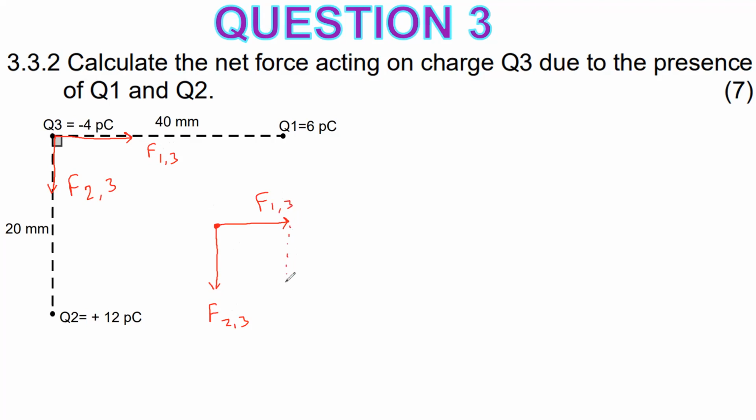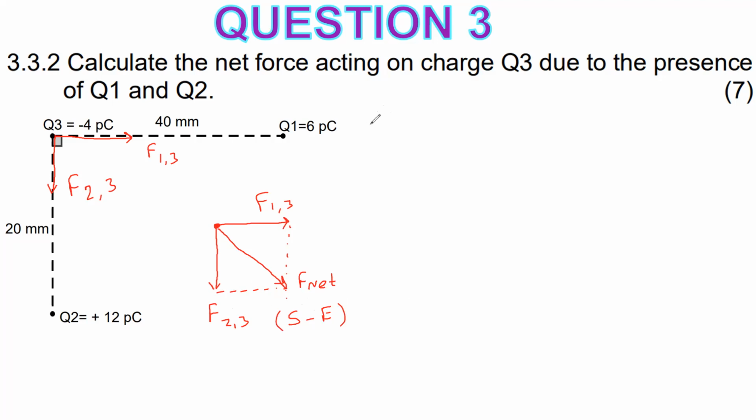Of course, direction of net force, we are using this method, and then this is our F net. So we are going to calculate it because they said calculate. So net force acting on, yeah, we need it with direction because they didn't say magnitude. So they said net force acting on charge. So F net we are going to calculate, but what's the direction of F net? As we see, southeast. When we're done, we can write it down.